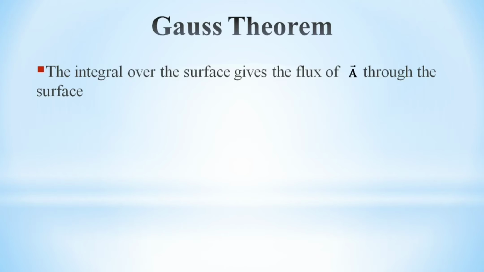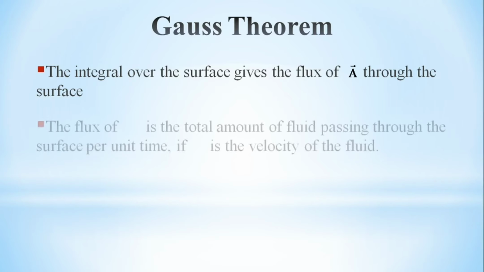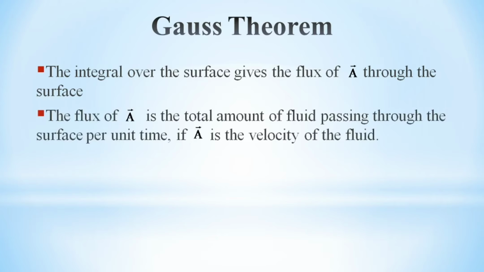The integral over the surface gives the flux of A through the surface. If we integrate over the surface, it will give us the amount of flux of that vector field through that surface. The flux of A is the total amount of fluid passing through the surface per unit time.